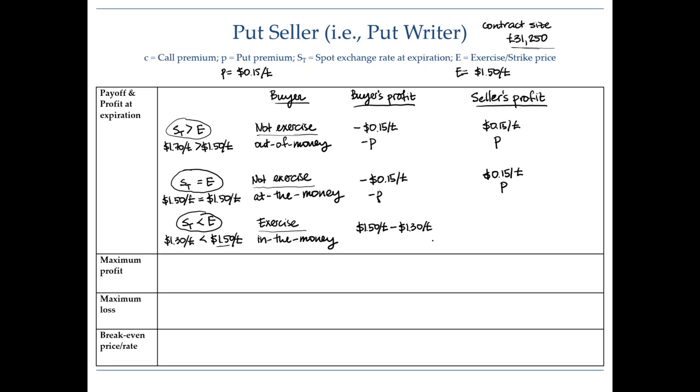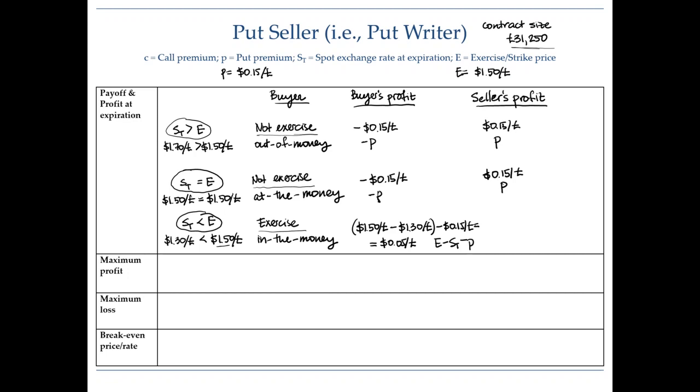Let's say the spot rate was $1.30. So the payoff is 20 cents per pound, and if we subtract the cost of the contract, the premium, the payoff is then 5 cents per pound for the buyer. If I were to write it as a generic expression, it's the difference between the exercise rate and the future spot rate, minus the premium.